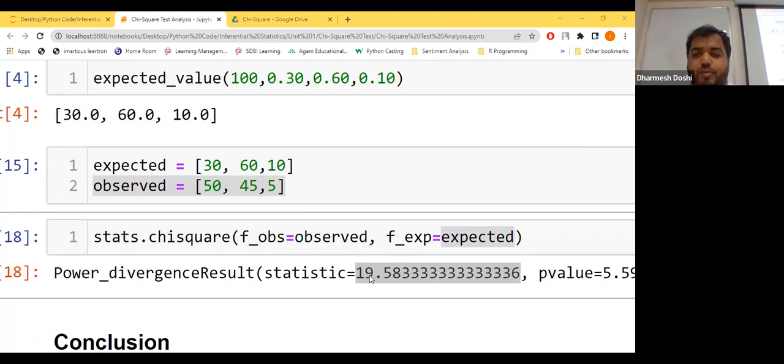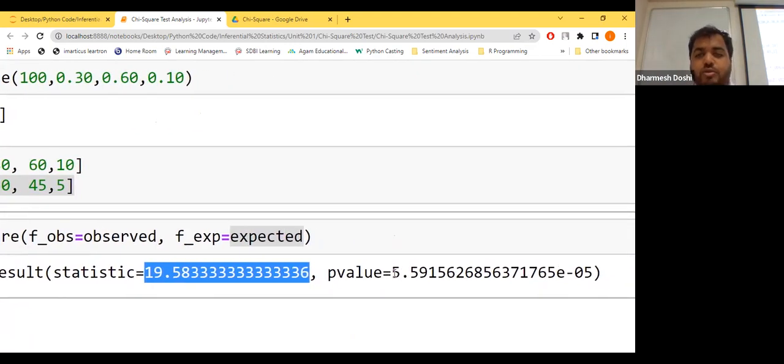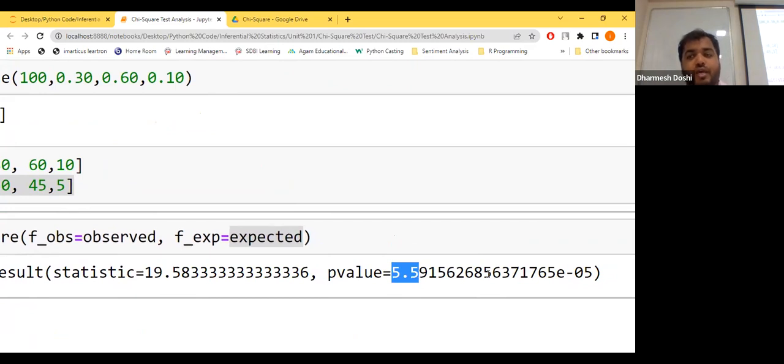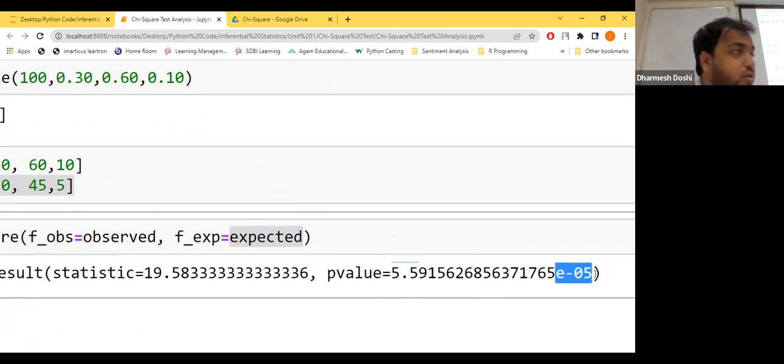Now if you see here, we have the p-value. What is the p-value? 5.5 e raised to minus 5. Because it is a negative exponent, it's a scientific number. Anybody have doubt how we convert a scientific number? I taught you prior in the basics of Python.